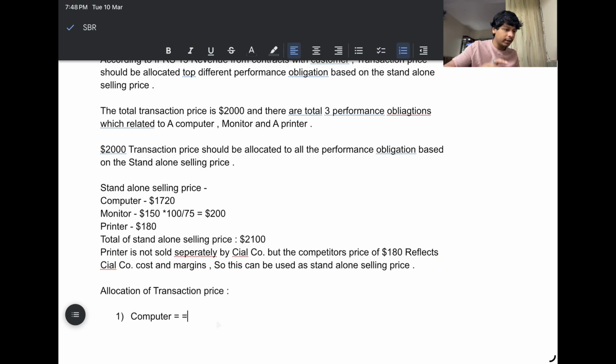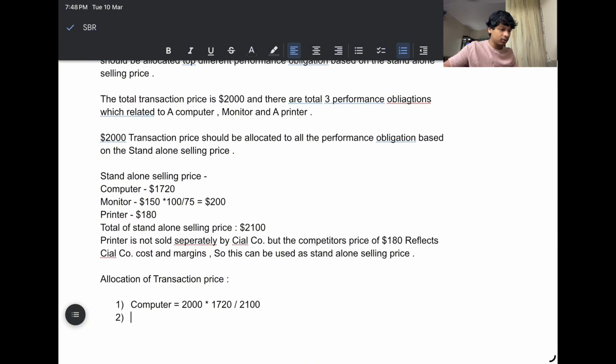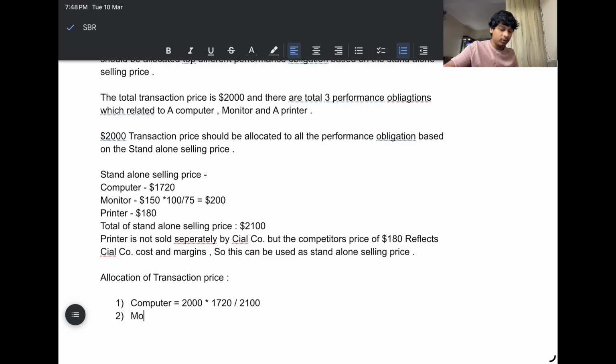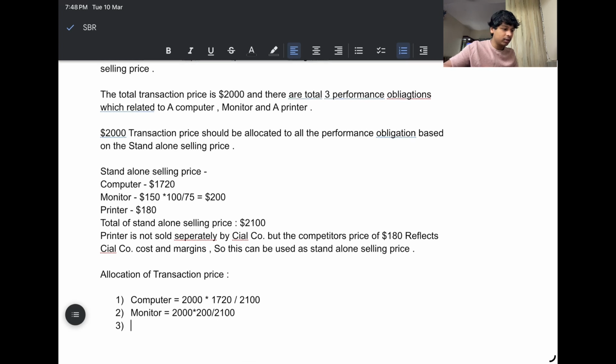So now let us allocate it. The 2000 will be divided in the ratio of 1720, 200 and 180. For the computer, we apply 2000 multiplied by 1720 divided by 2100. Second, for the monitor, 2000 multiplied by 200 divided by 2100.